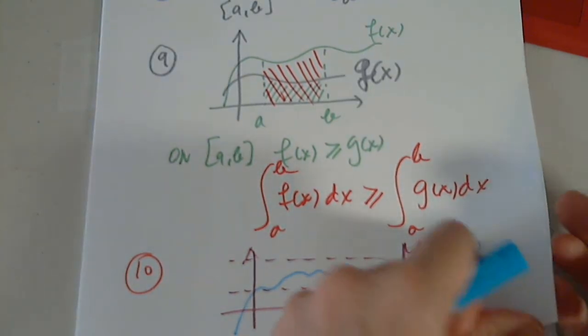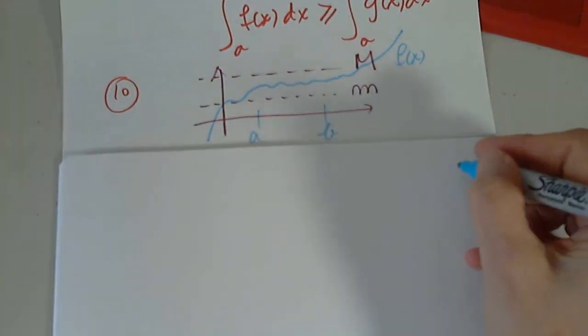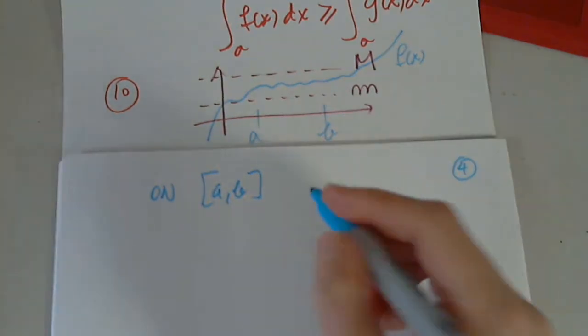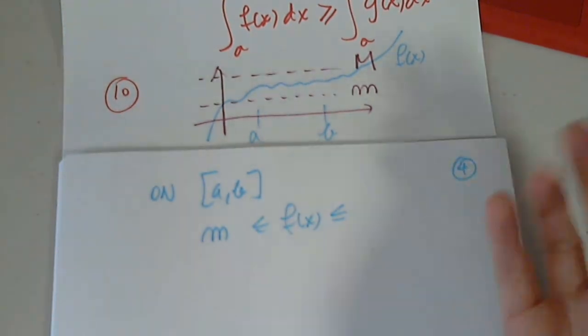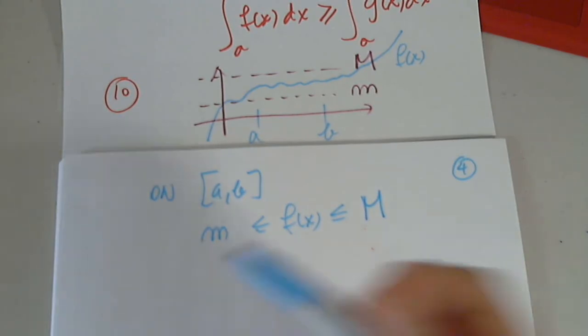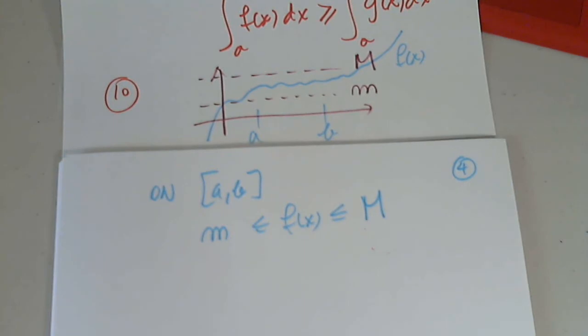Now question, first of all, can I say that on a, b, f of x has a lower bound of lowercase m, a constant, any number you want, and an upper bound of uppercase M? I don't care about outside, but on the interval a, b, can I say that? Yes. Perfect.